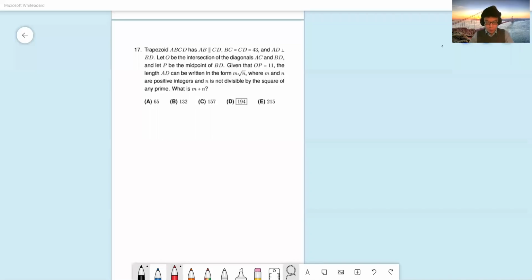Question 16, we have a trapezoid ABCD satisfying BC equals CD equals 43. So let me draw the picture here. This is D, C, B, A. BC equals 43, CD equals 43, and AD is perpendicular to BD.